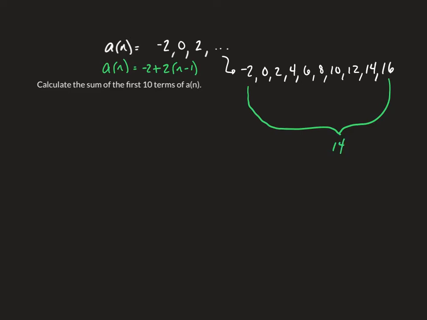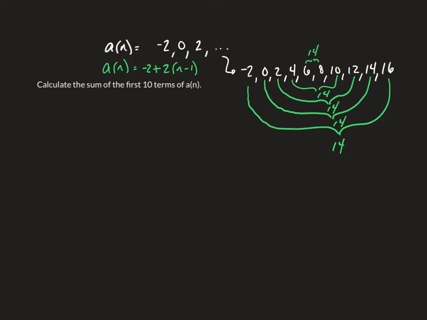And I'm trying to add them all together, right? So if I add the first and last terms, I get 14. If I add the second and the second to last terms, I also get 14. If I do the same thing with the third and the third to last terms, I get 14. Again, 14. And these are also 14.